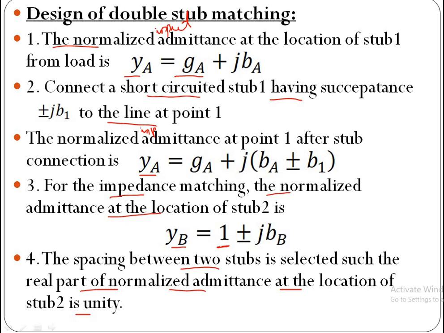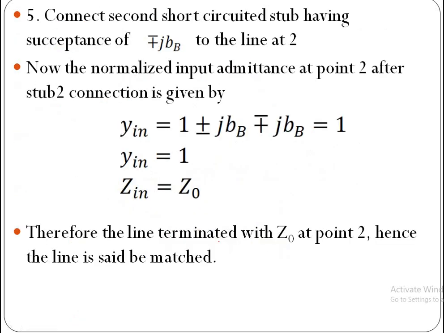The spacing between the two stubs is selected such that the real part of this normalized admittance is unity. So at point 2, the normalized admittance YB is equal to 1 plus or minus JB. Now we have to add the second stub whose susceptance is negative of this, and the two are added, cancel, finally we are getting YB is equal to 1.